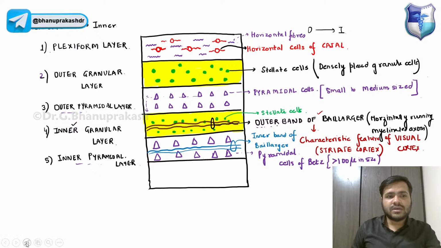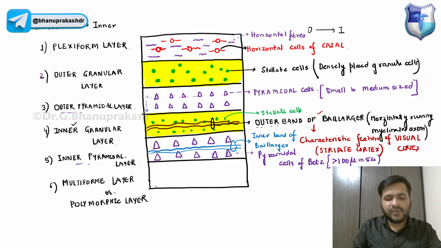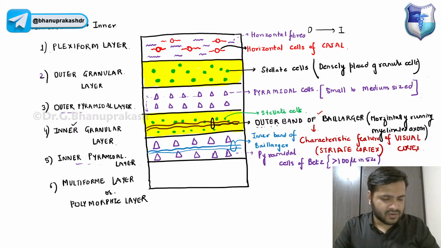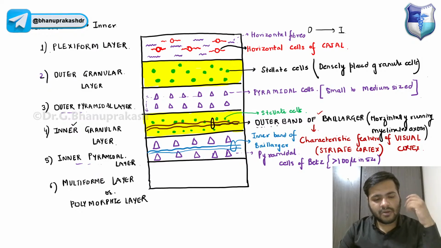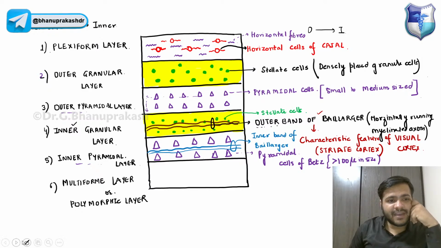Now, coming to the innermost layer, it is called the multiform layer, also called the polymorphic layer. In this multiform layer we have various cells.